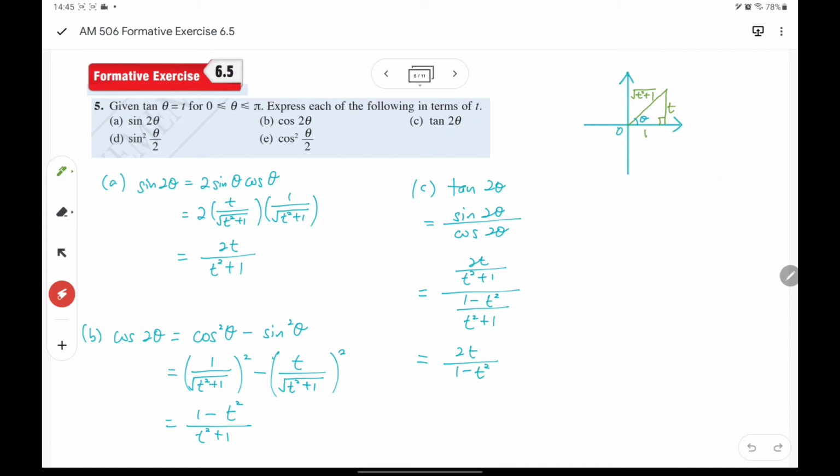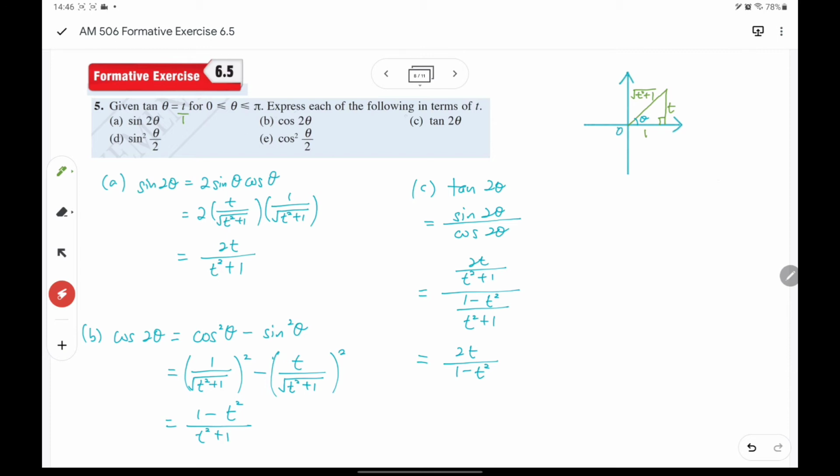For tangent theta equals t, we have opposite over adjacent. So from t, we have t over 1 in the fraction. Therefore, the opposite is t, adjacent is 1. With the opposite and adjacent, we can get the hypotenuse.